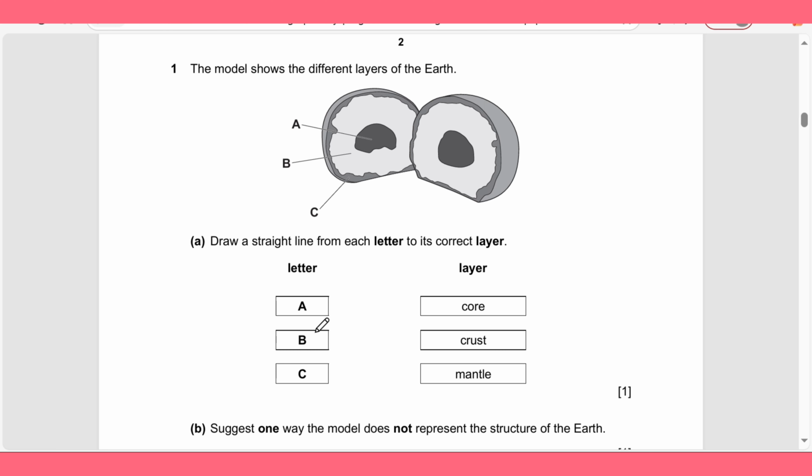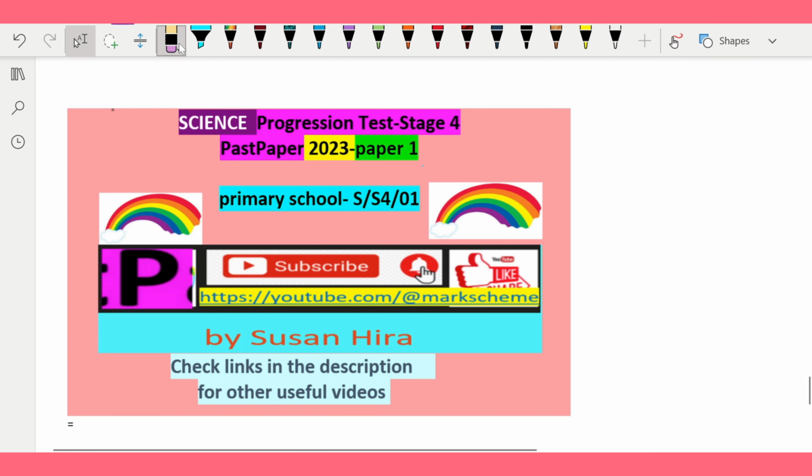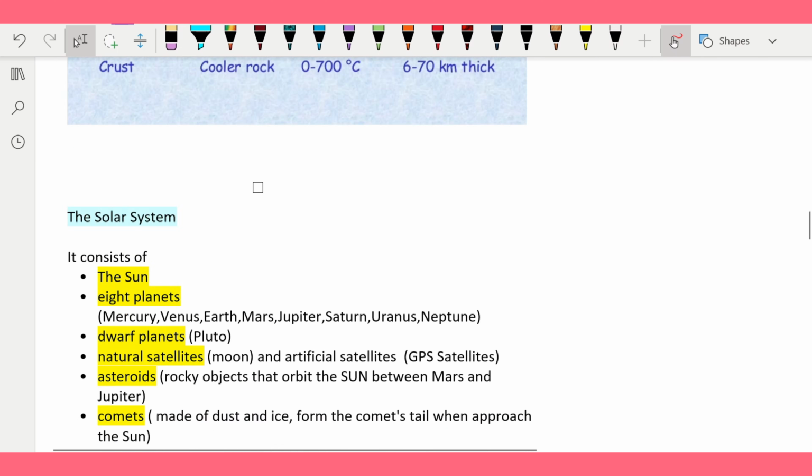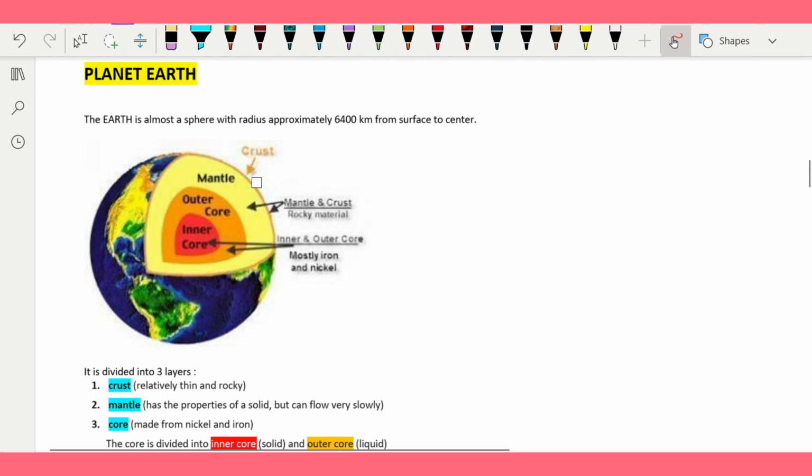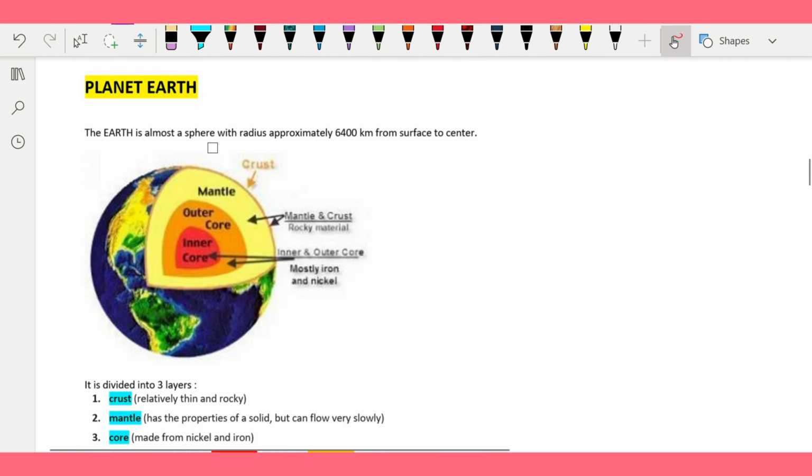Let's check out the answer, guys. Here's the explanation. So we see planet Earth. It's almost a sphere with radius 6,400 km from surface to the center. And these are the layers: crust, mantle, outer core, and inner core.